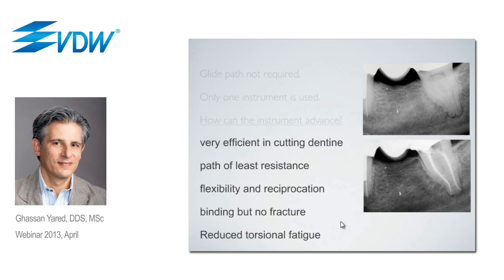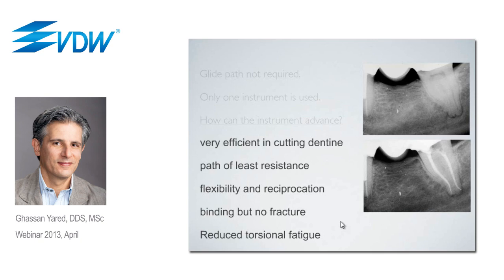We know that this instrument can go even in very narrow canals because even if it binds, it will not fracture. It will not fracture because the angles that are set on the motor are much lower than the angle at fracture of the instrument. We also know that the instrument will not be subjected to torsional fatigue, or torsional fatigue will be very low. And that is because the angles that we use are lower than the elastic limit.